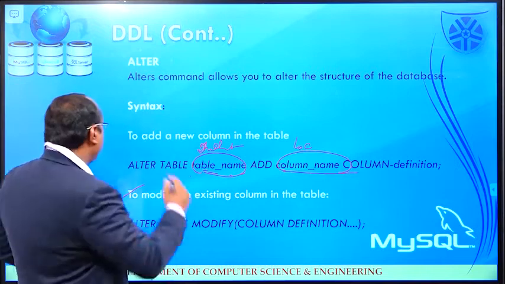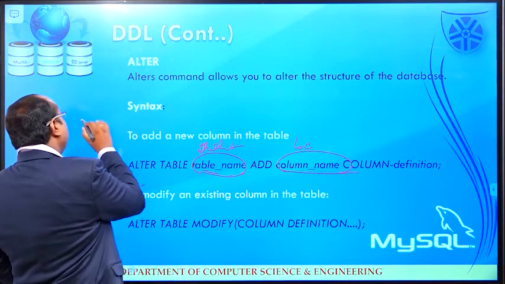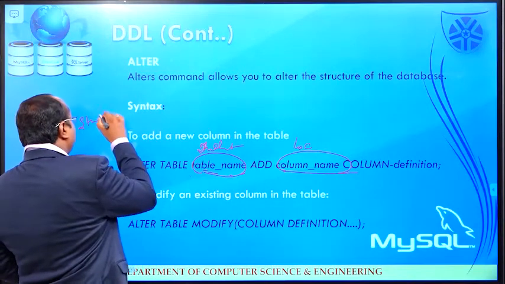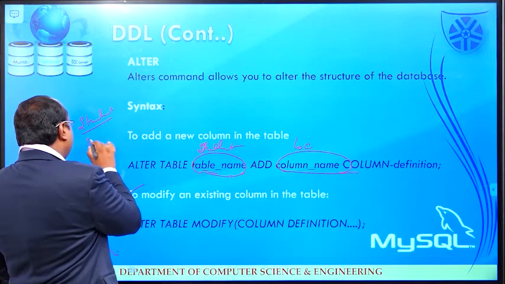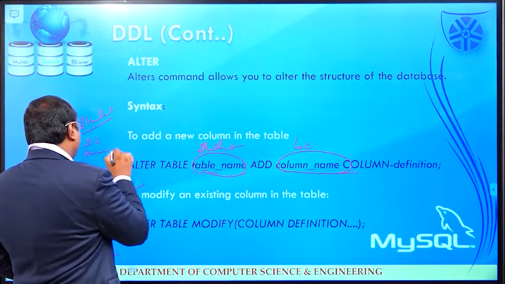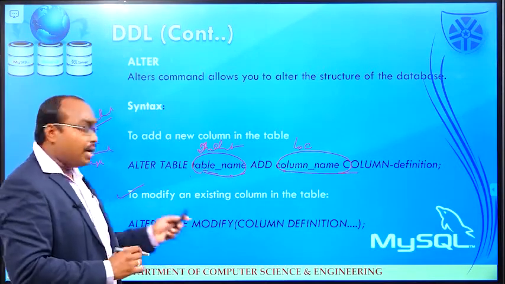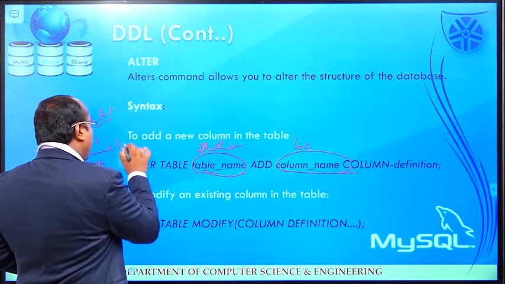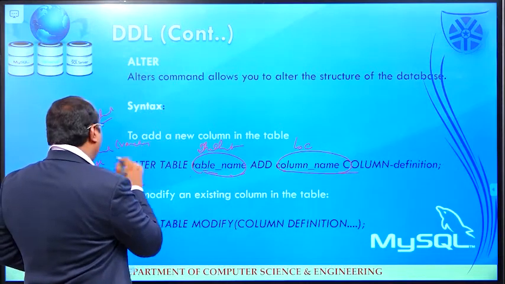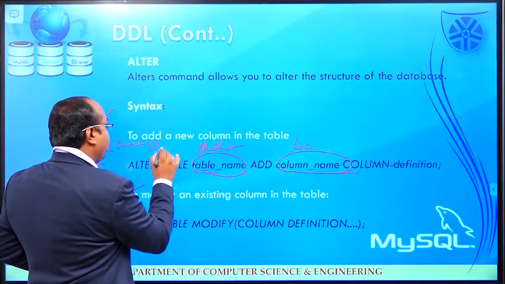Let us take an example. In my student table, I declared SID, SNAME and age. Here I want to modify the data type of SNAME. Previously I declared the data type of student name as varchar of 15.